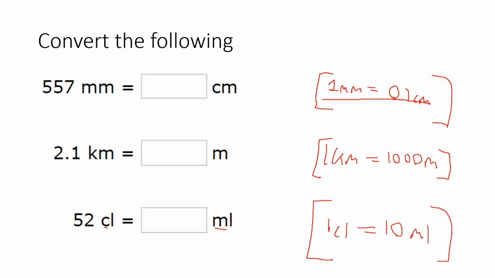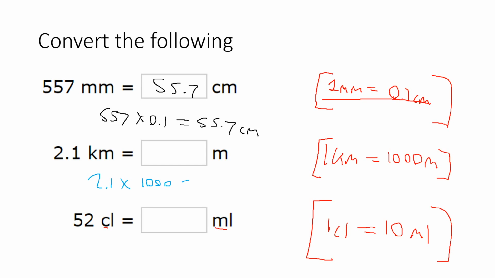Okay, so now let's use those ratios. 557 times 0.1. Well, that's just equal to 55.7 centimeters. What about this one? We know that 2.1 times 1,000, because if this is 1, then 2.1 times 1,000 is just going to be 2,100 meters.